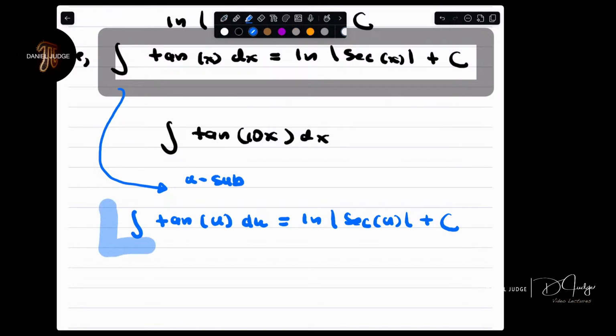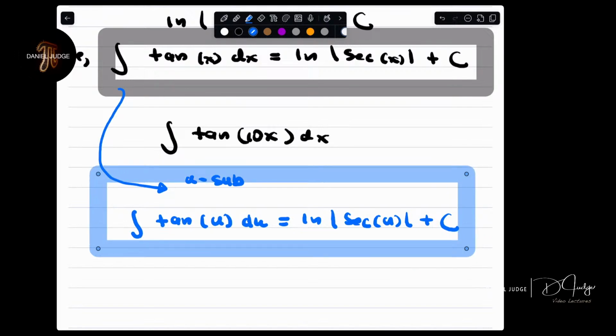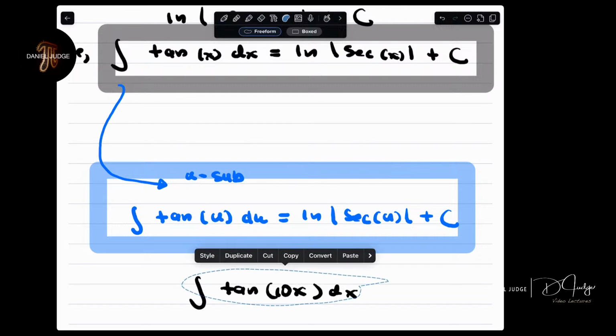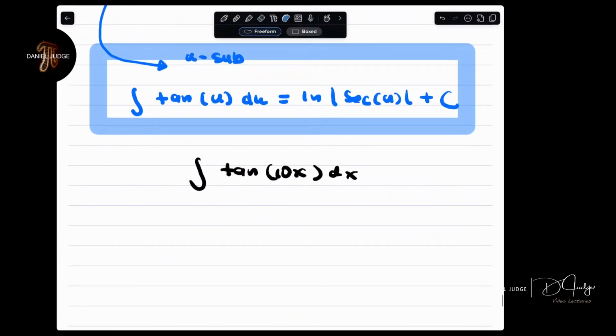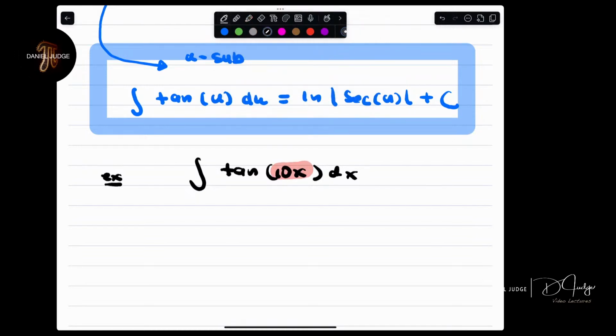So let's see what I'm talking about here. All right, so here's the u sub, and in the context of another example that I labeled just as a note, just notice this as an example, we can apply u sub here. So the benefits, again, of working with all of those u sub questions I've given you guys here is that we're going to try u sub here. We're going to let u be 10x now.